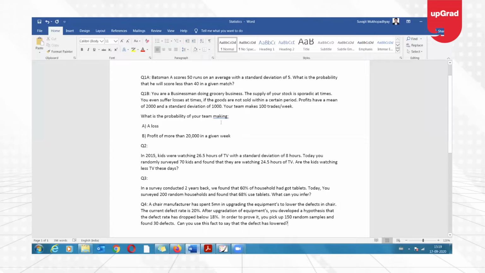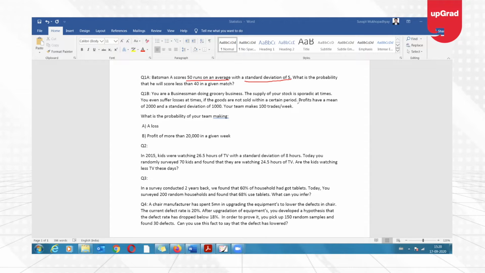So let's look at the first problem. The problem says that batsman A scores 50 runs on an average with a standard deviation of 5.